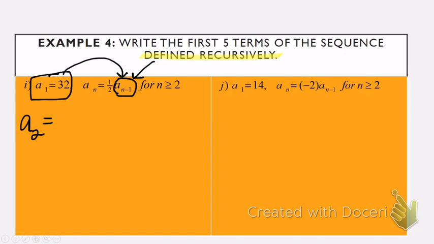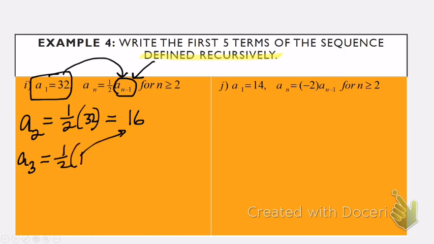So to find the second term, I'm going to do 1/2 of 32. That's 16. Now to find the third term, I have to use the previous term. So I'm going to do 1/2 of 16. To find the fourth term, I have to use the previous term. So I'm going to do 1/2 of 8.